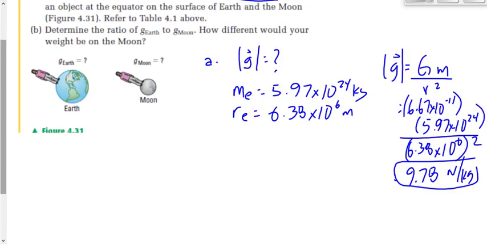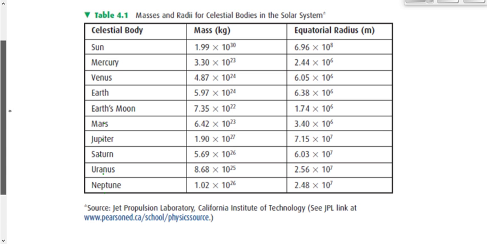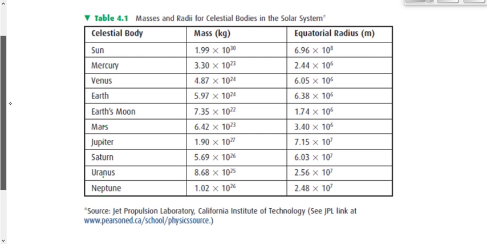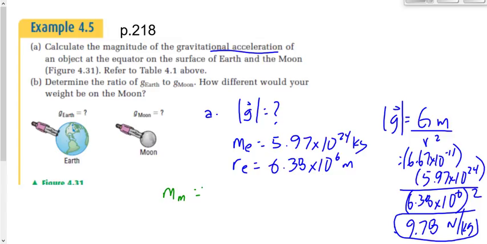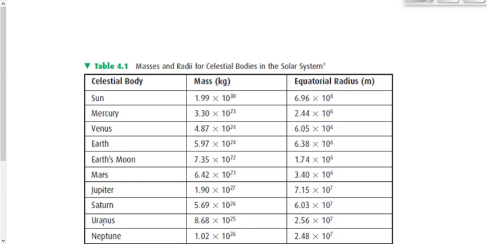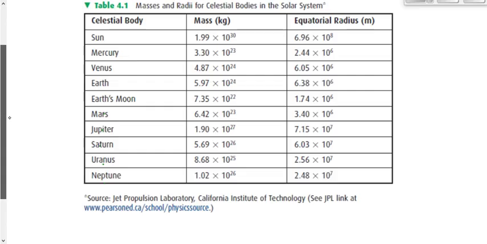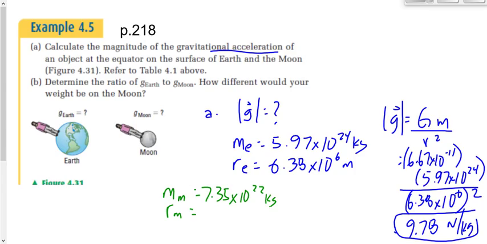Okay, let's find the field strength on the moon. The mass of the moon is 7.35 times 10 to the 22. The radius of the moon, the equatorial radius of the moon, is 1.76 times 10 to the 6.